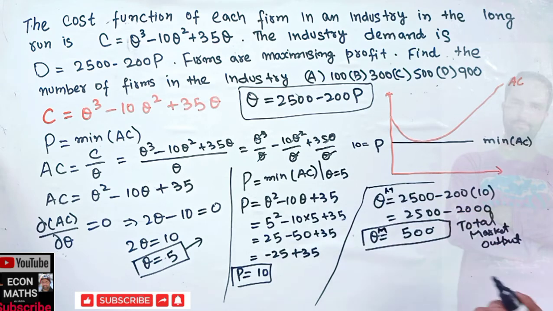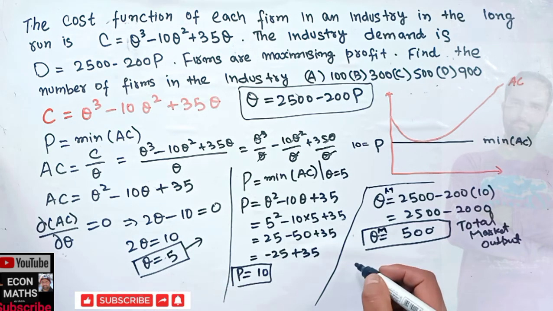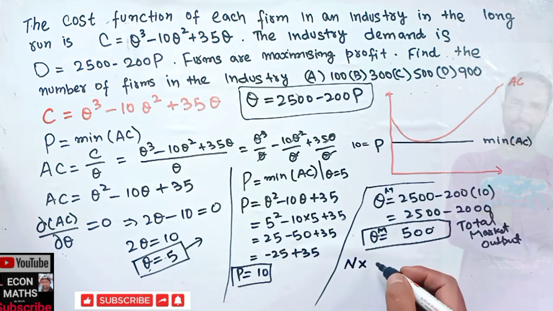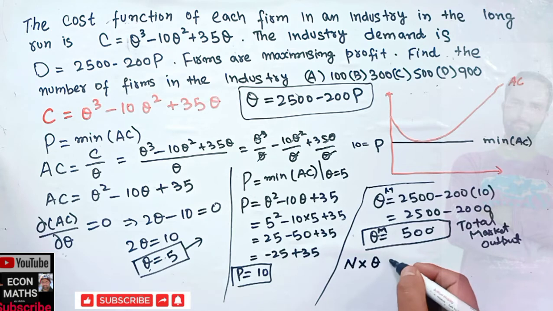Simple thing: each firm is producing 5 units. Then let me write it like this: the number of firms times the quantity produced by each firm, denoted by Q, should be equal to the total market output.